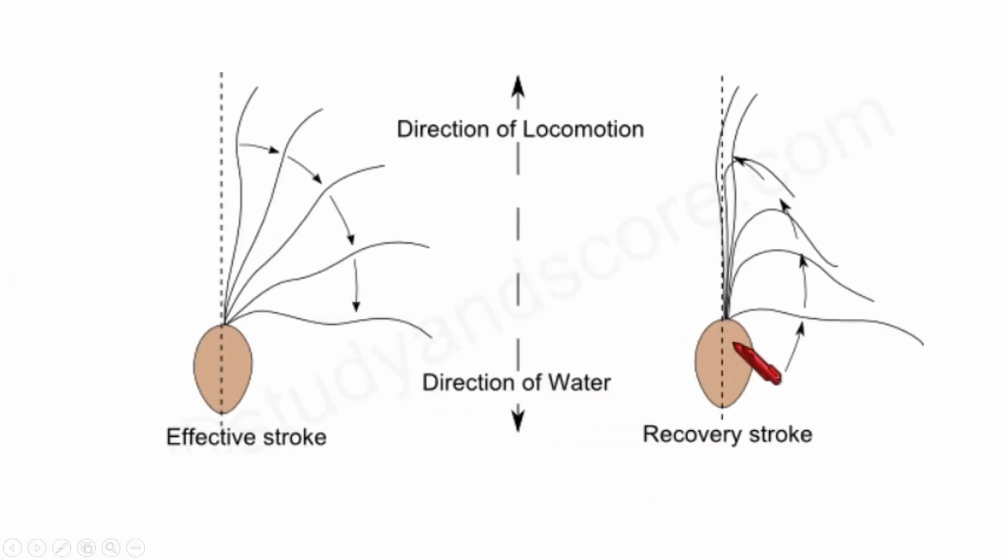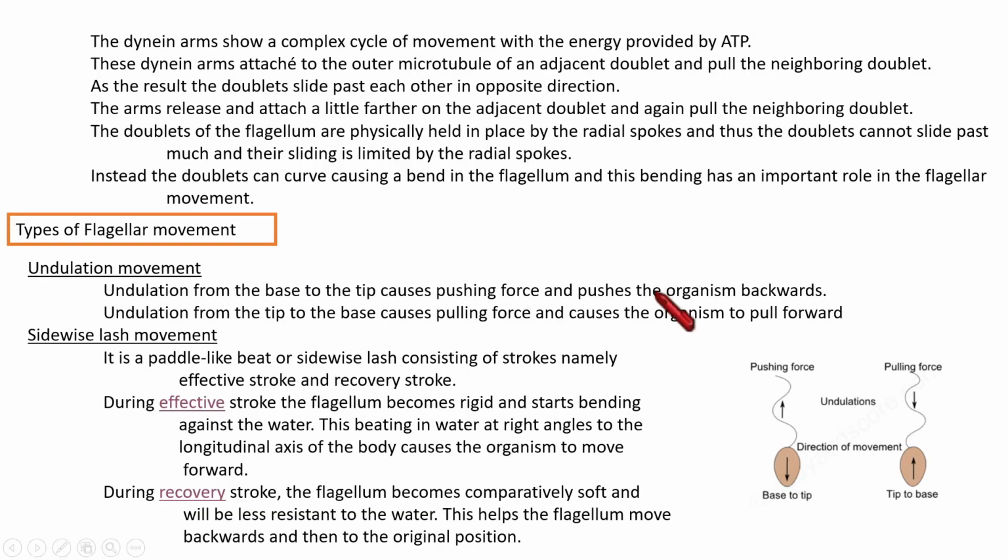I will show you the recovery stroke, this one. During the effective stroke, it is coming down in this direction, and after that, it is recovering by becoming soft and less resistant against the water. It is coming back to its original position. So I have tried here to generate that movement.